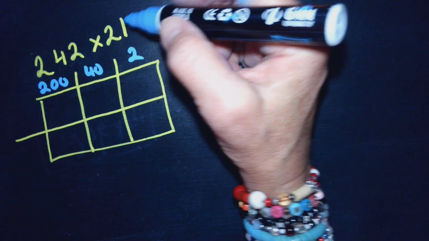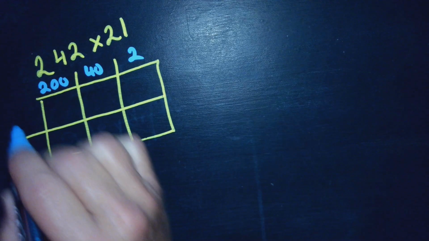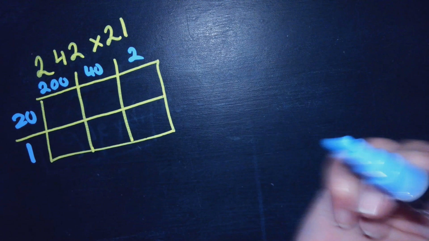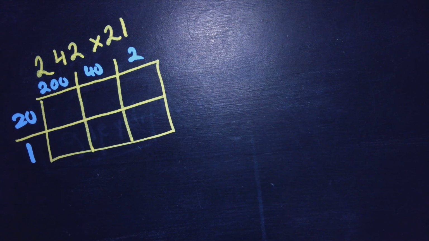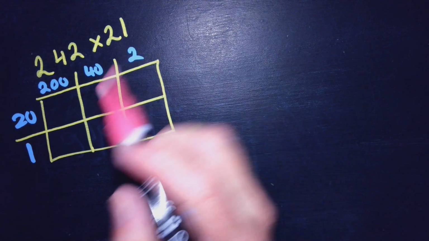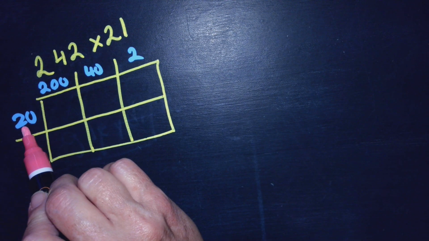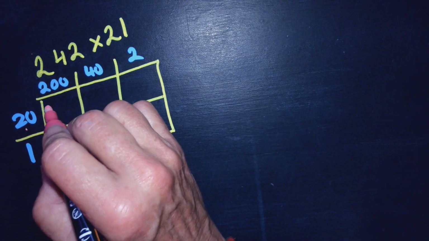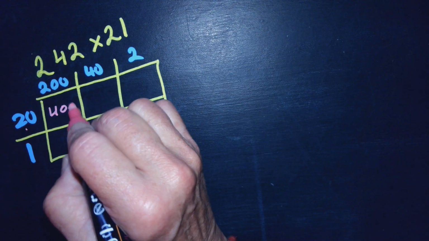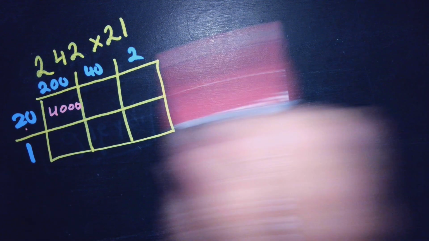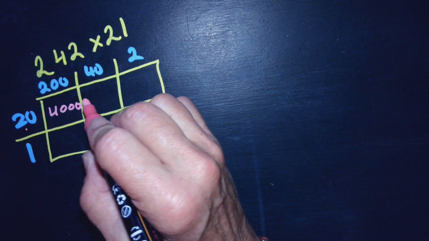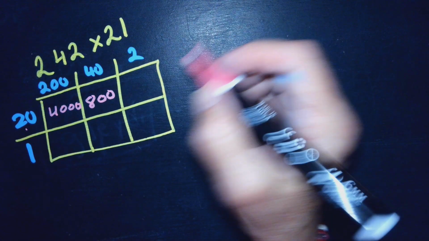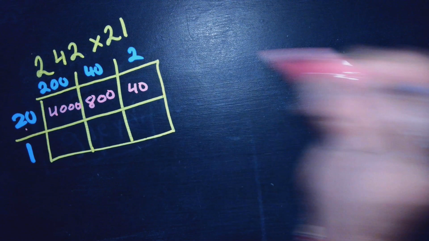And then over here, this 2 is in the tens place, and that 1 is in the ones place. We're going to do the exact same thing we did before. We're just going to multiply across. So 20 times 200 is 2 times 2 is 4 with 1, 2, 3 zeros. And then 20 times 40 is 800. And 20 times 2 is 40.